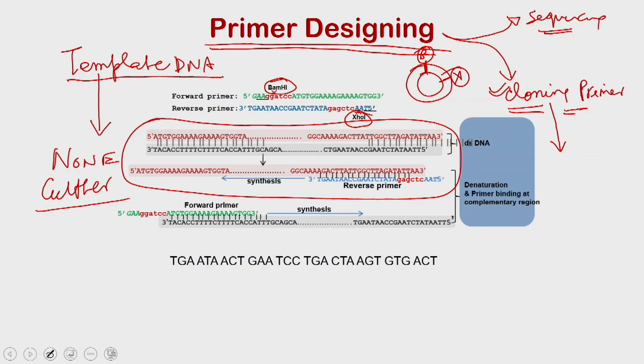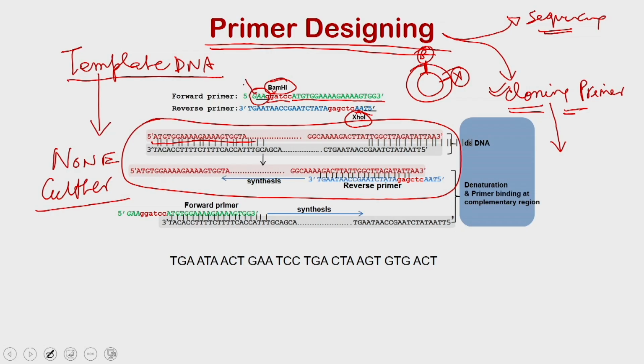So, for the forward primer, what we have done is we have just simply taken this particular sequence. Okay. This is what you see here. And then in front of this particular sequence, we have added the BamHI restriction site, which in this case is GGATCC, and because the enzyme requires nucleotides on the other side, we have added 3 more nucleotides, GAA.